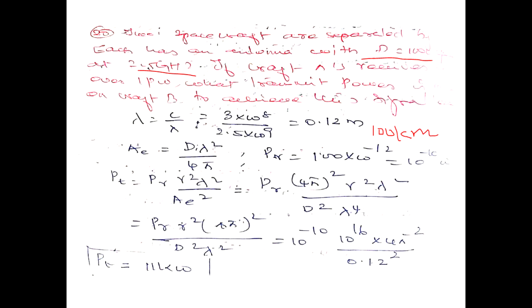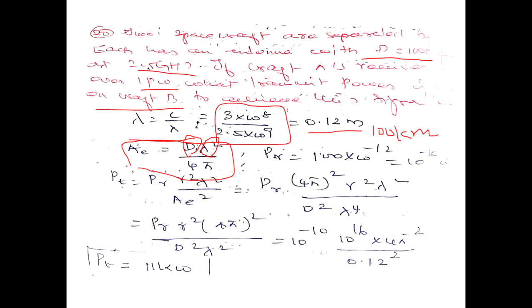If craft A receives 1 picowatt, what transmitter power is used on craft B to achieve this signal? That is clear. Lambda is equal to C by F, you know the formula. By substituting the given value of 2.5 gigahertz, you can calculate the lambda value. Then you can calculate the effective aperture because D is given.